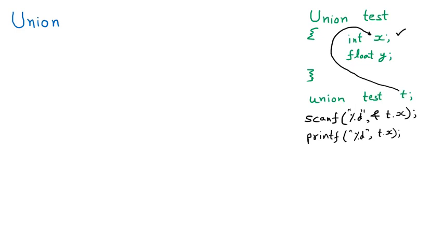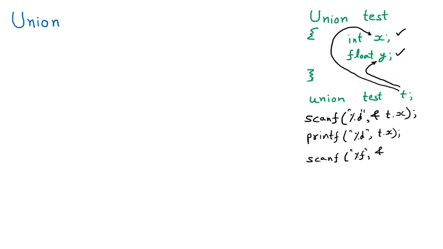Same like the structure. And if I have to take the input for y, then we will write scanf, percentage f for the floating value, comma, and of. You know that the variable is t, and from the variable we have access to the union test, and inside test we have y.